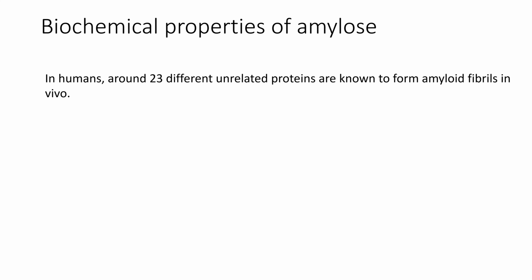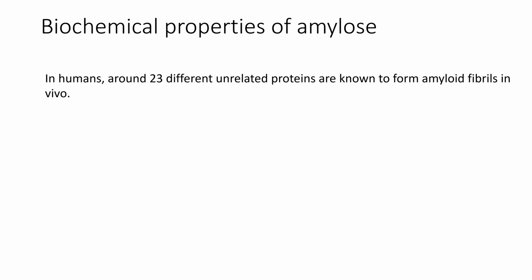The biochemical properties of amyloidosis. These proteins either originate from proteins expressed by cells at the site of deposition, which is localized, or they precipitate systemically after being produced at a distant site, which is systemic.